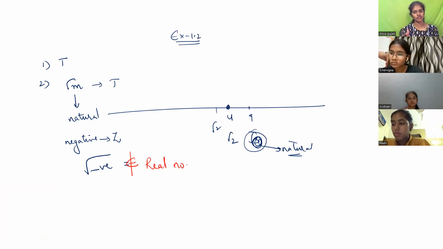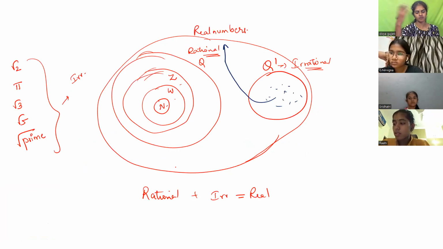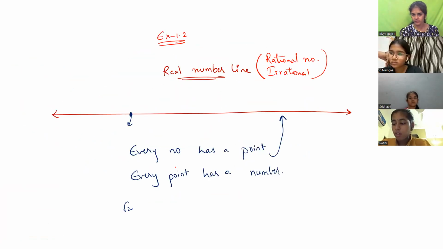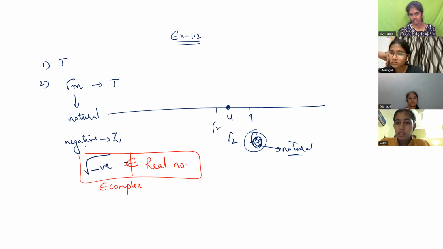Then when it does not belong to real numbers, I told you the other part of the universe, I said the real numbers' opposite is complex numbers, which we'll be learning later. So this actually belongs to complex numbers, iota and all, which we'll be learning later, but not real numbers, our present concern now. So when I say root of m, if it is a natural number, then this will belong to real numbers, and everything which belongs to real numbers can be represented on the number line.